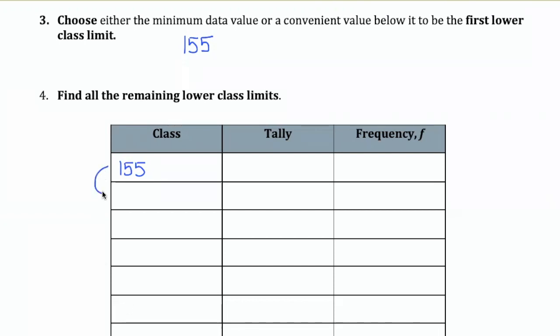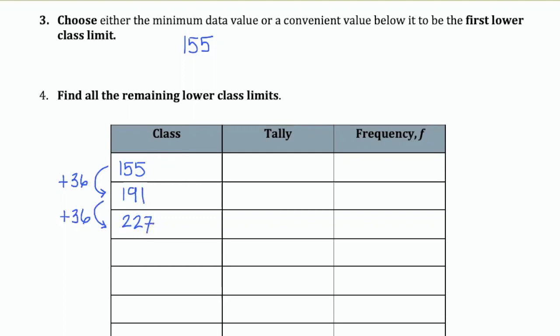So I'm just going to add my class width, which was 36, onto my previous lower class limit to get the next one. So 155 plus 36 is 191. Then you take 191, you again add your class width, you get 227, and you continue the process.